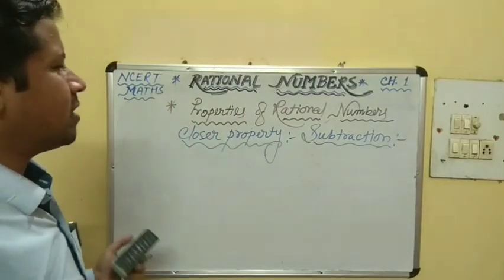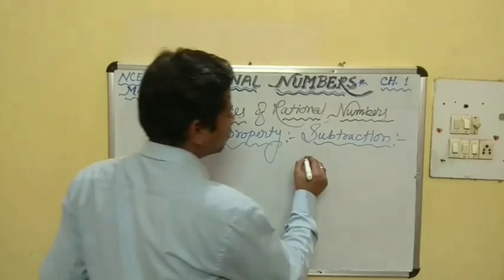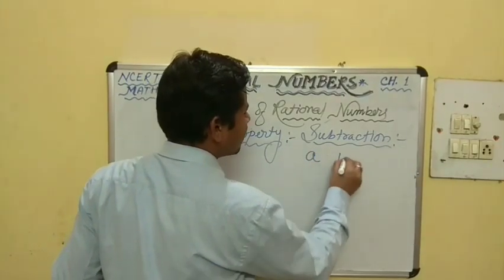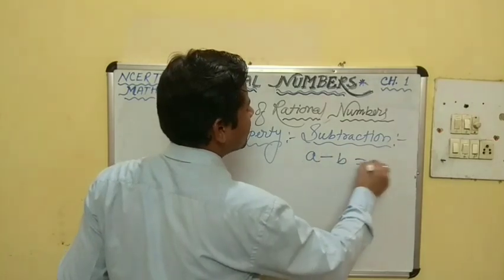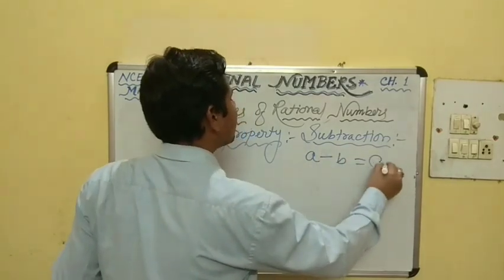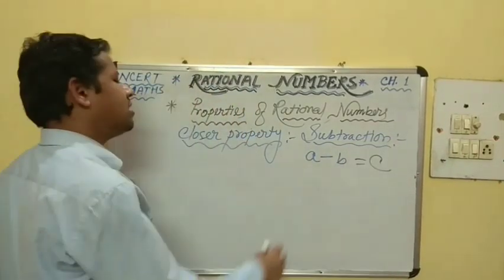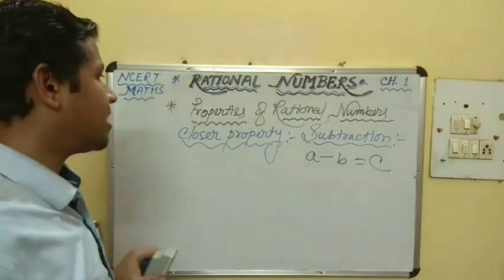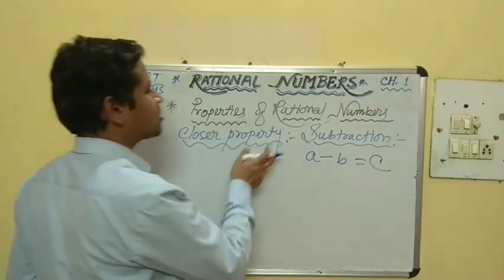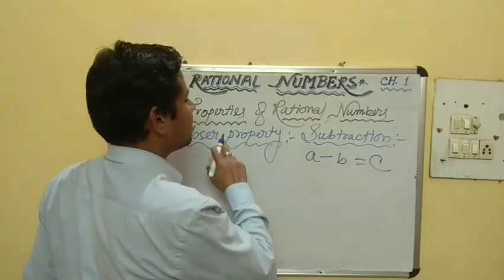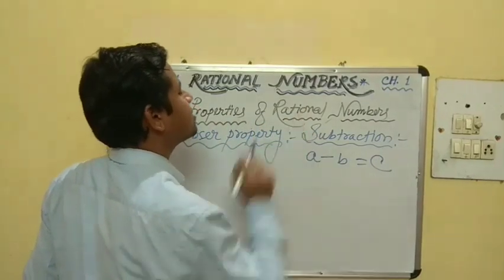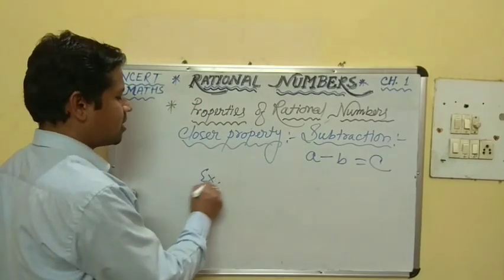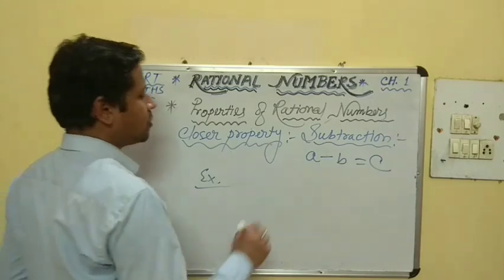Subtraction means if there are any two numbers A and B, such that their subtraction becomes C, and if C is also a rational number, then we can say that rational numbers satisfy the closure property under subtraction. If we take examples, then it will be easy for you.